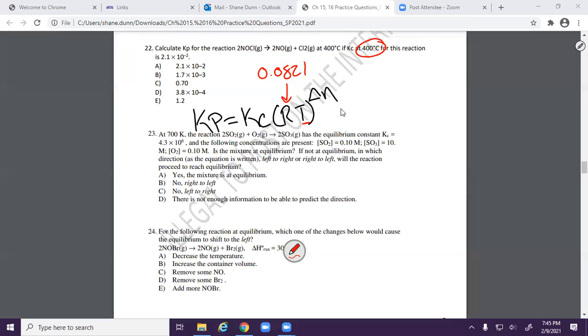So, looking for the Kp value given Kc. You're told the Kc right here, plug Kc in, plug RT in, changing the temperature by adding 273. The only weird thing about this is the change in N. What is N?